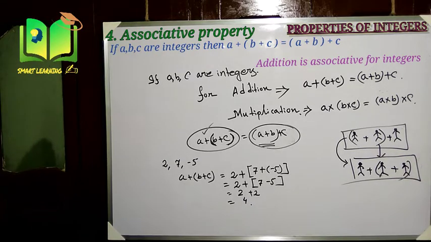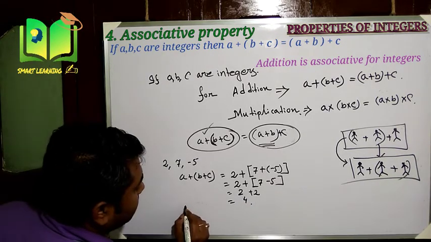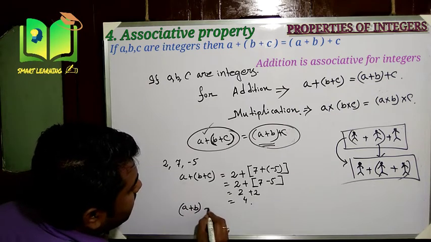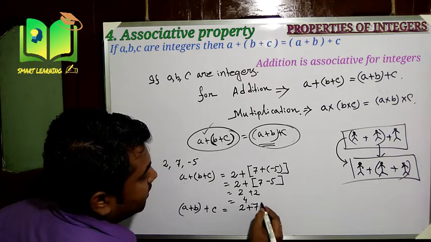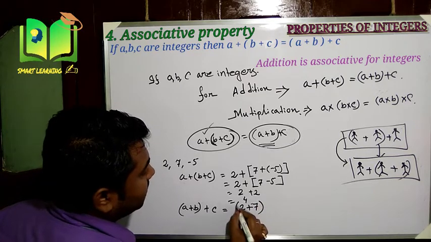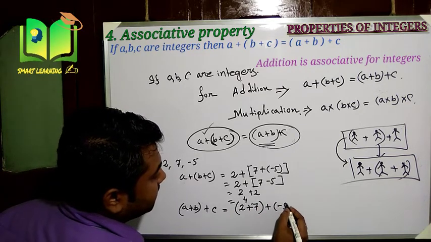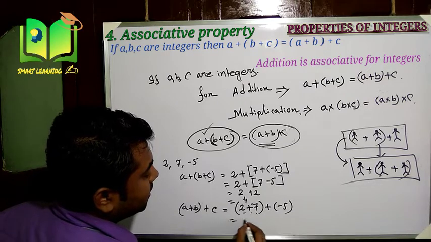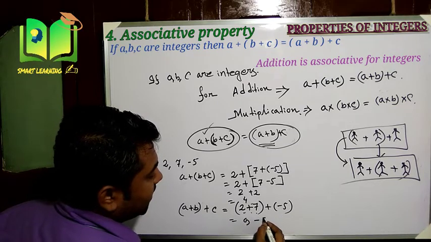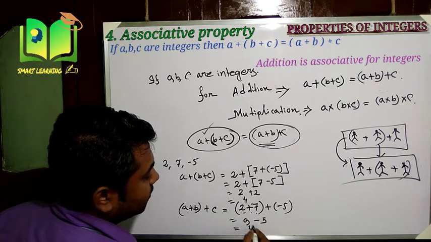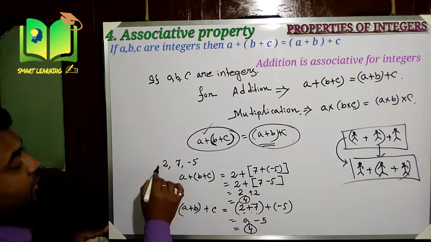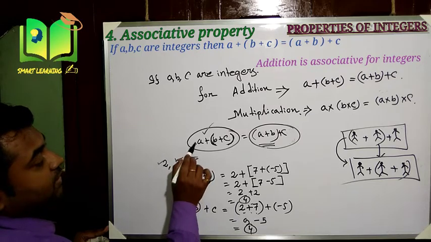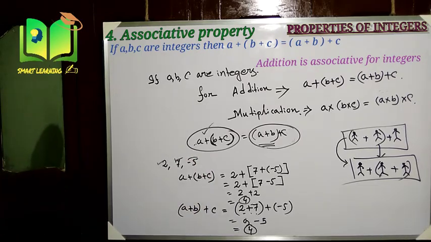Done. Now for (A plus B) plus C, here (2 plus 7) within brackets plus minus 5. So 2 plus 7 is 9, plus minus 5, 9 minus 5, 4. So both are 4, the same. For any integer, this associative property of addition follows.